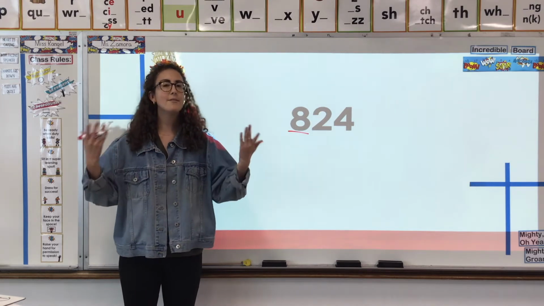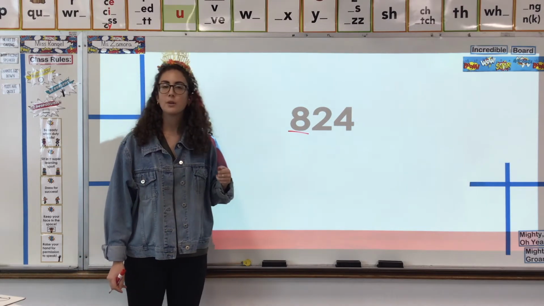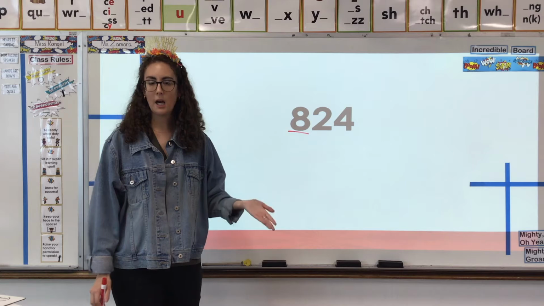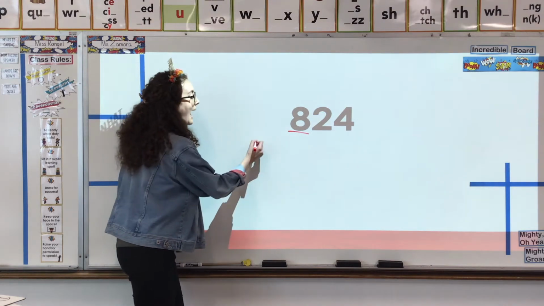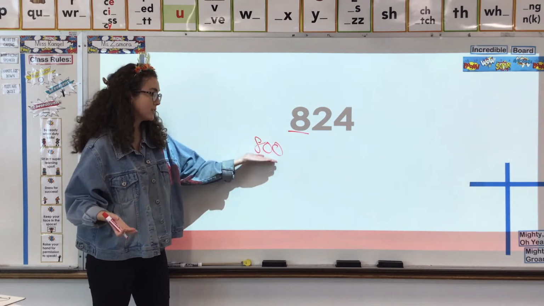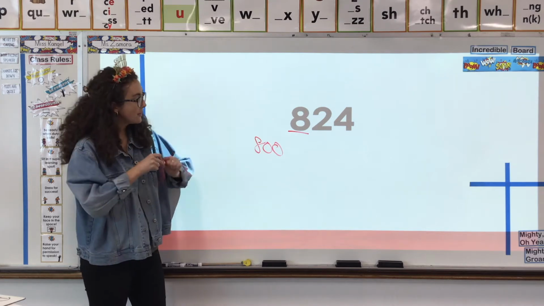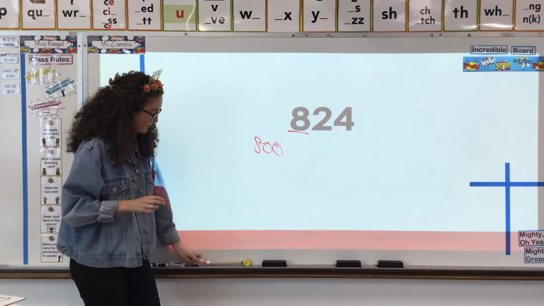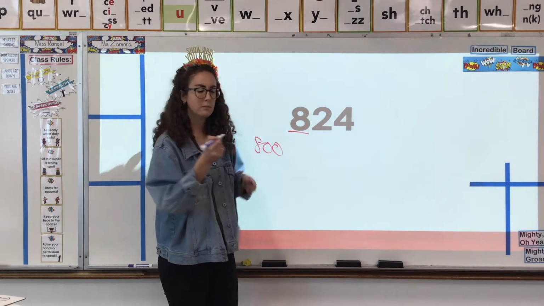8 is in the hundreds place. So what is the value of 8 hundreds? What is that worth? 8 hundreds equals 800. That's pretty simple. So that's the value of the 8. Let's move on. What about this 2?